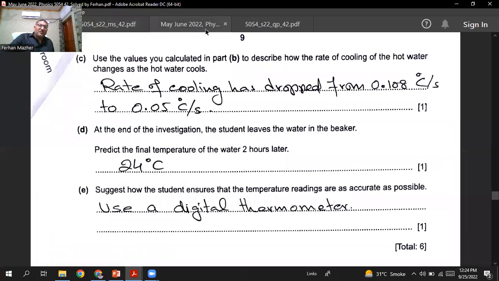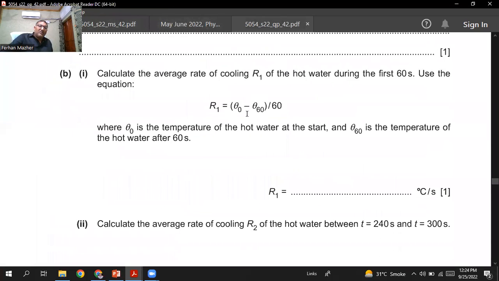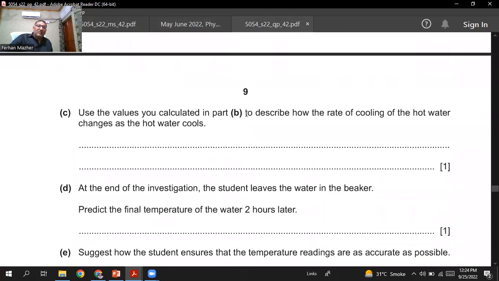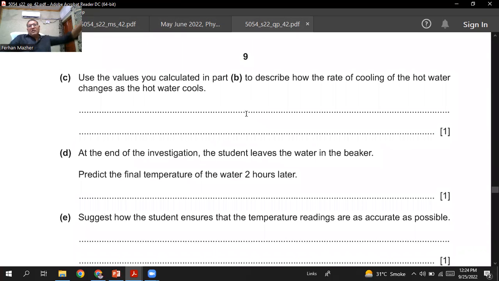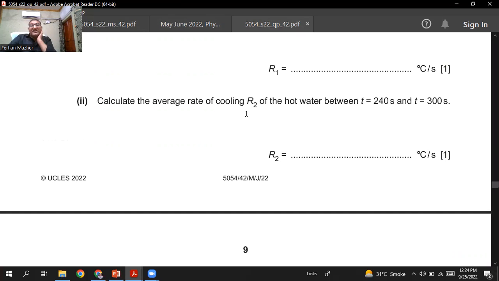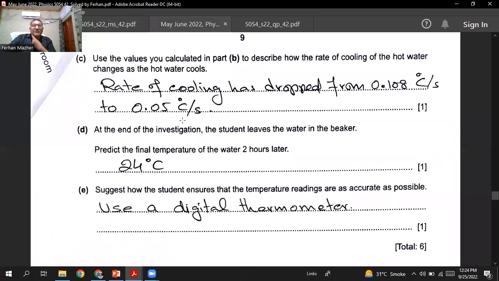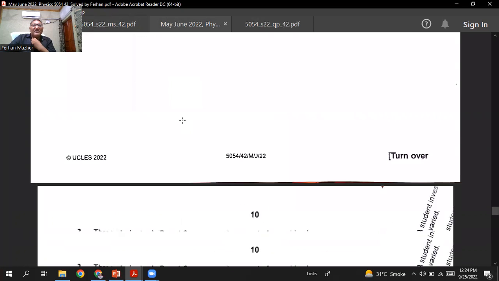Okay. Then the question is, I just calculated R2. Do we have further questions on this?